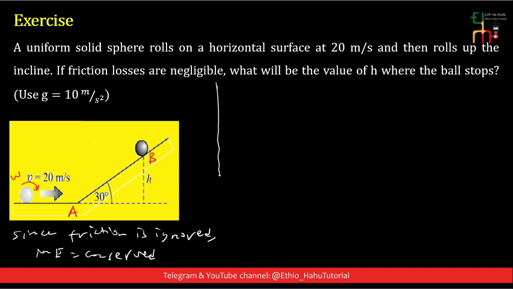That means mechanical energy at A is equal to mechanical energy at B. When we say mechanical energy, it is the sum total of all energies, kinetic energy and potential energy.